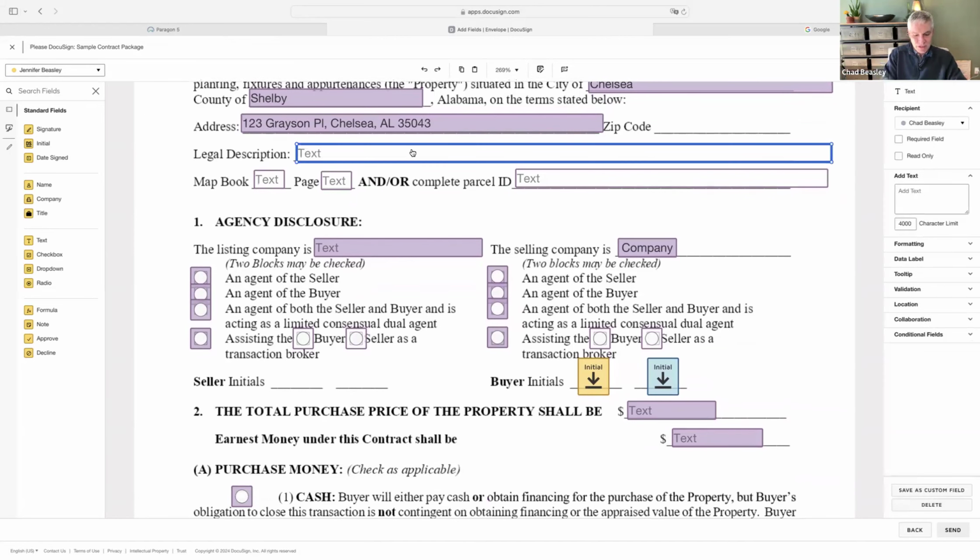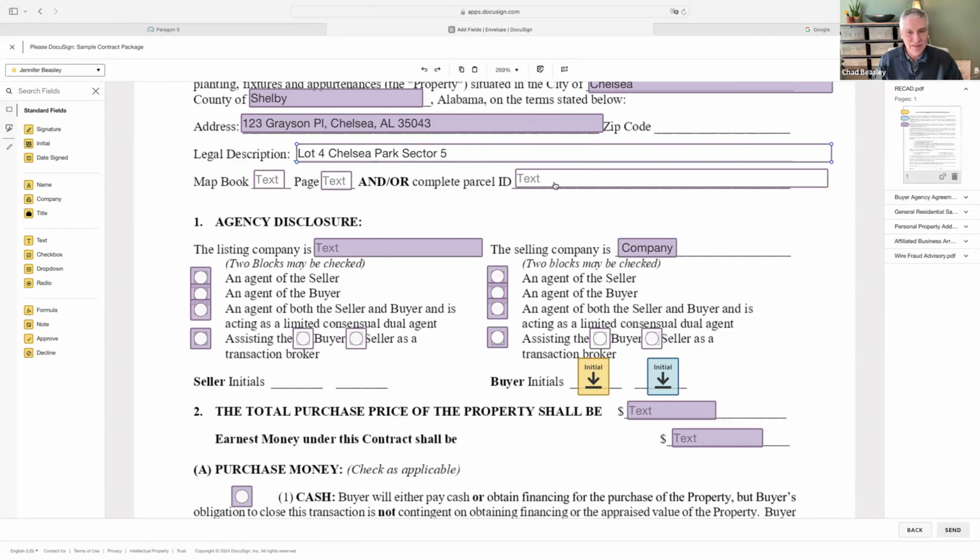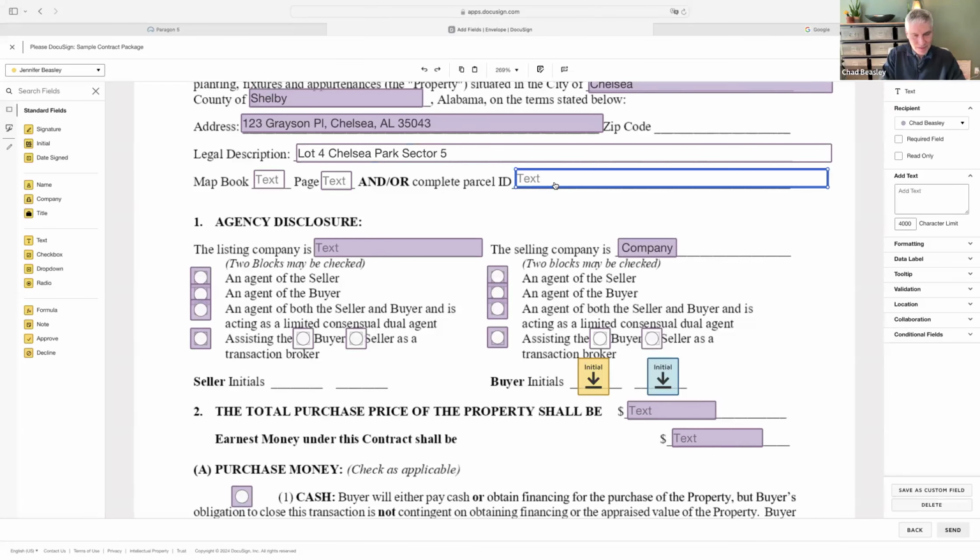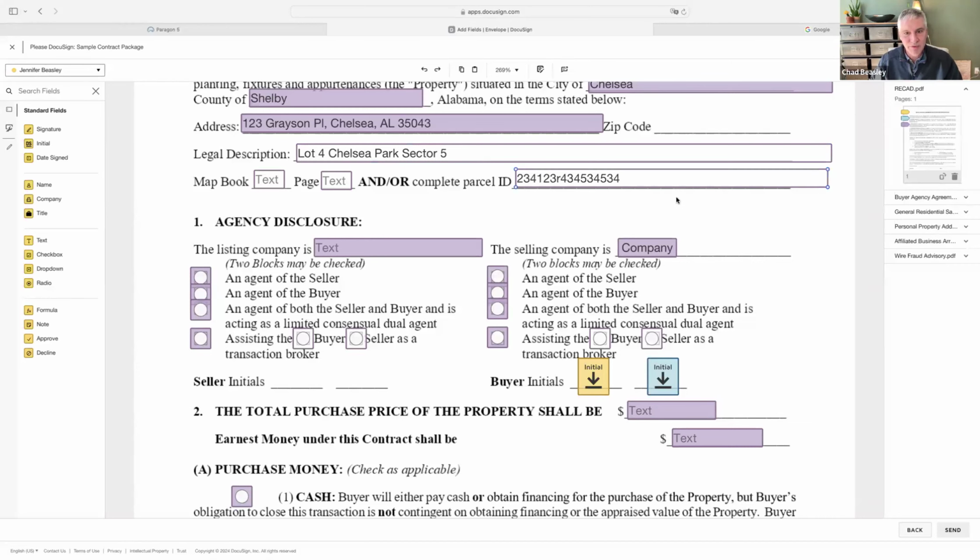Legal description is usually like lot 4, Chelsea Park. I'm just making stuff up. Sector 5 or whatever. You pull that from the tax record, and then your tax ID is like some series of numbers that you can pull from the tax record.